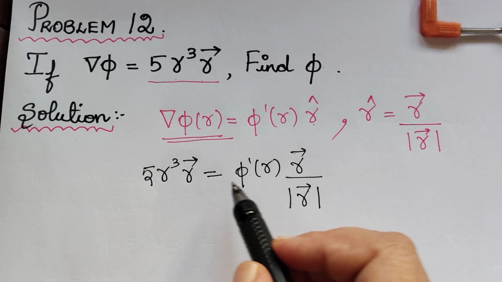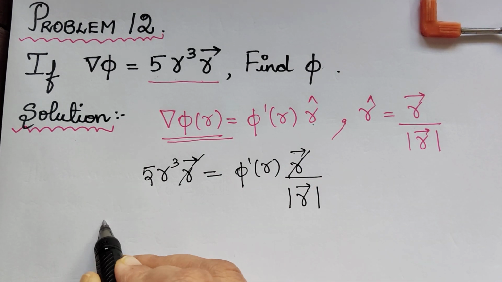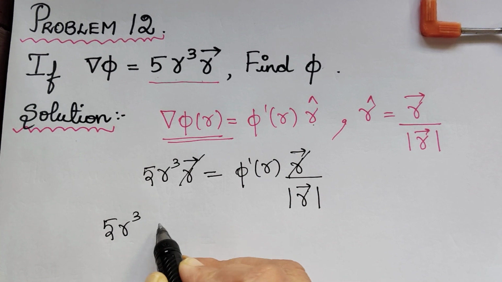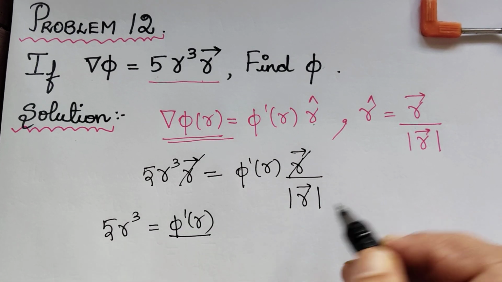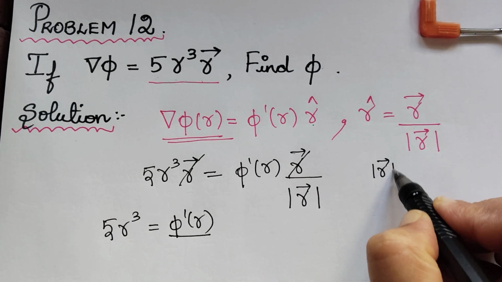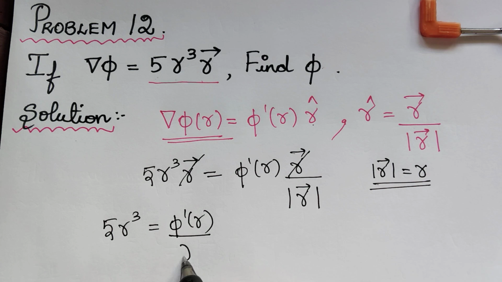Now on both the sides we can cancel this r vector, and so we will be having 5 r cube is equal to phi dash of r divided by, what is modulus of r? Modulus of r is equal to r. So we can substitute r over here.